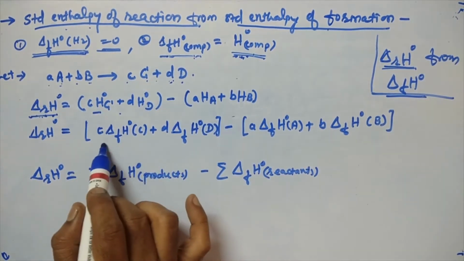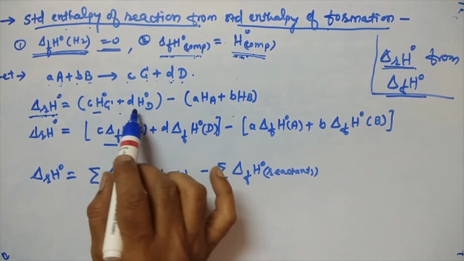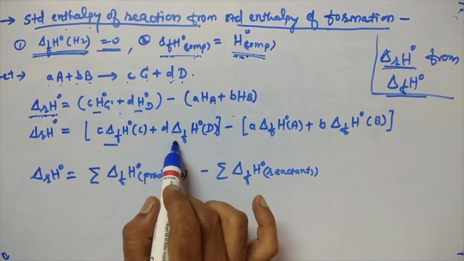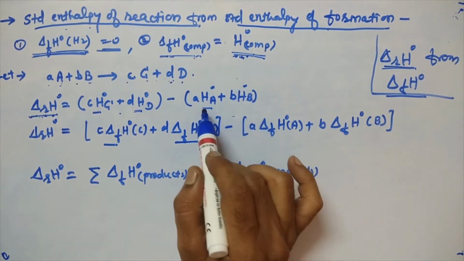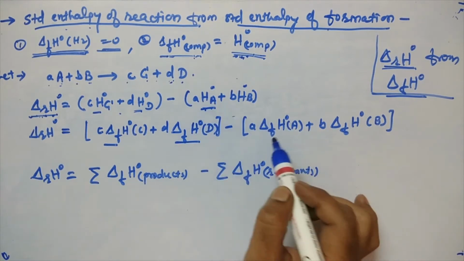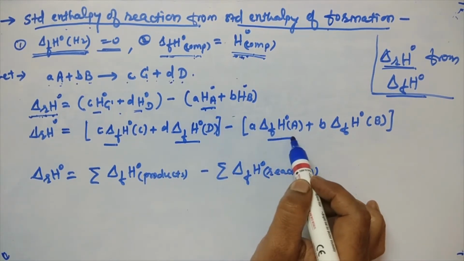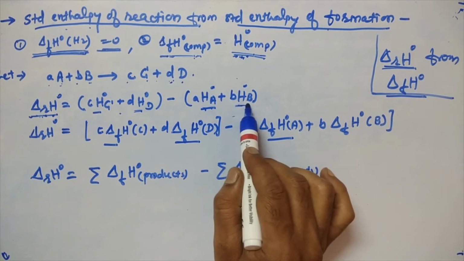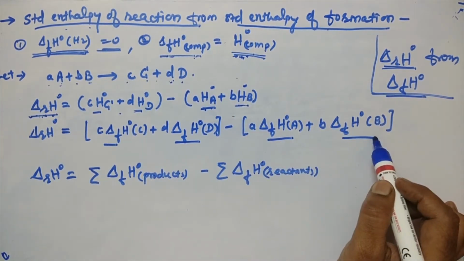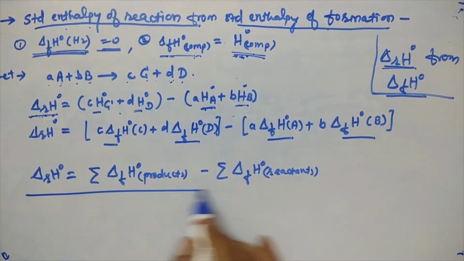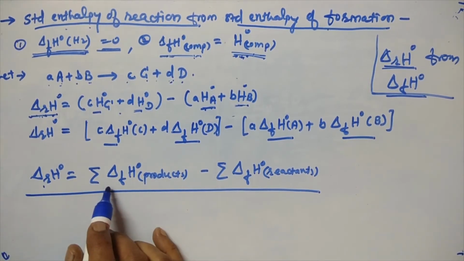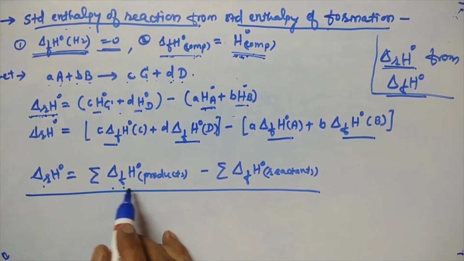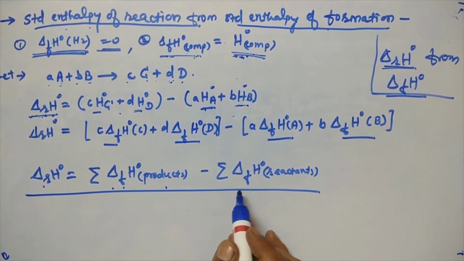So the enthalpy of C is the standard enthalpy of formation of C, and of D is the standard enthalpy of formation of D. Similarly, the standard enthalpy of A is the standard enthalpy of formation of A, and of B is the standard enthalpy of formation of B. So the new statement we get is that the standard enthalpy of a reaction is equal to the sum of the standard enthalpies of formation of the products minus the sum of the standard enthalpies of formation of the reactants.